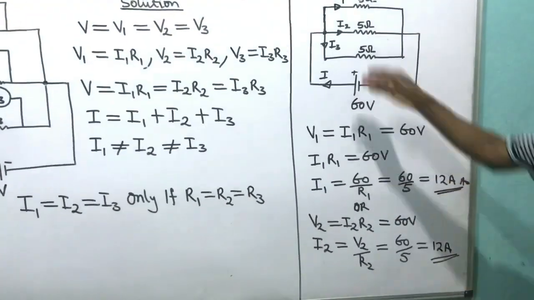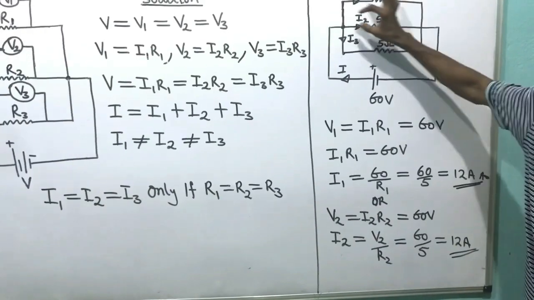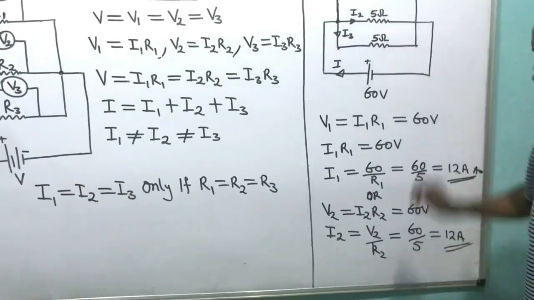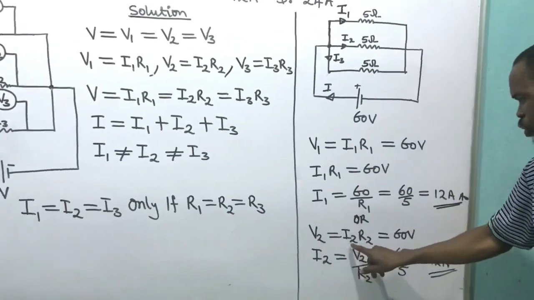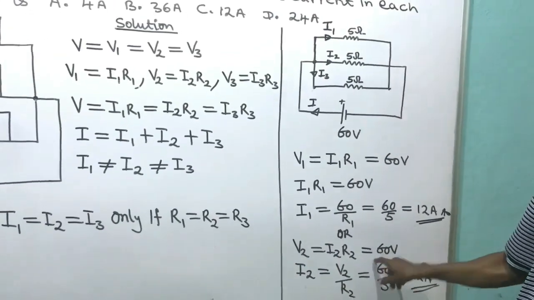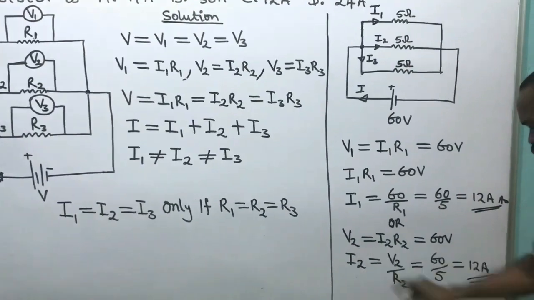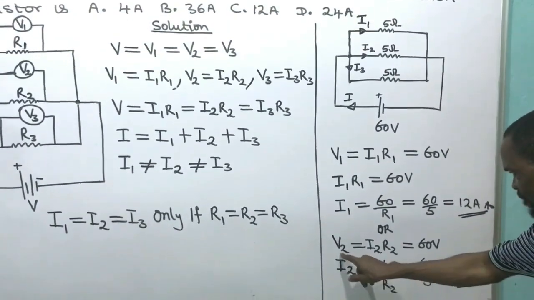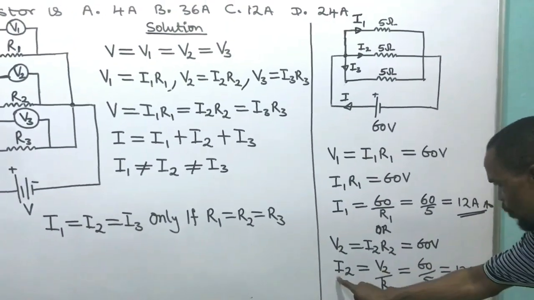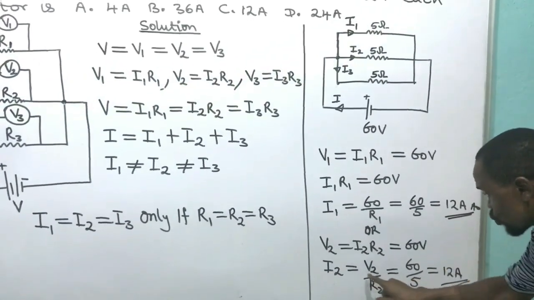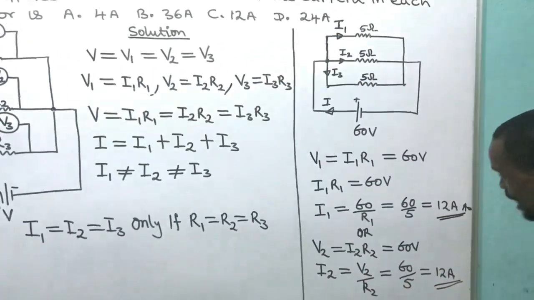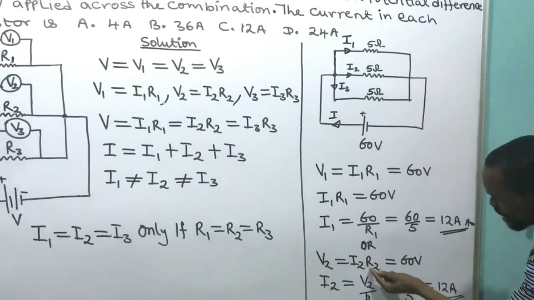Or I can choose to say the voltage drop across R2. I say V2 is equal to current 2 times R2, and it's the same thing, equal to 60 volts. I'm making current 2 the subject of the formula by dividing through by R2. I will now have current 2 equals V2 divided by R2.